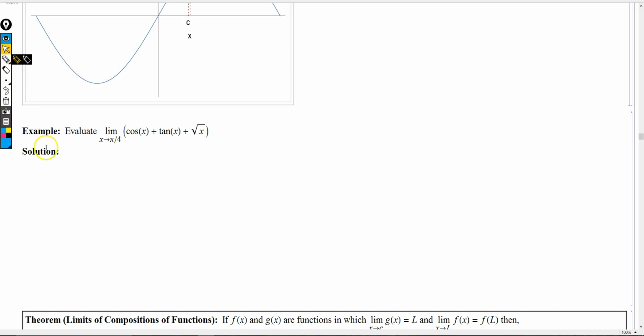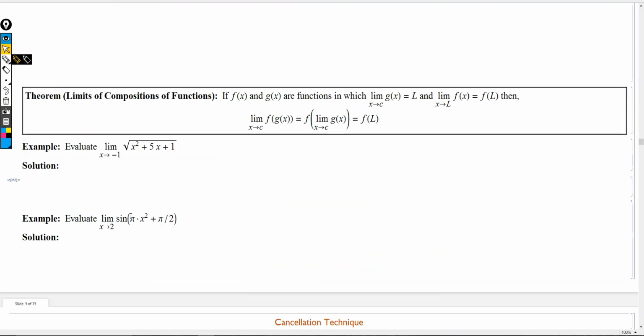Let's take a look at our final thing here for this lesson, and that is the composition rule. Okay, so limit of the composition of functions.